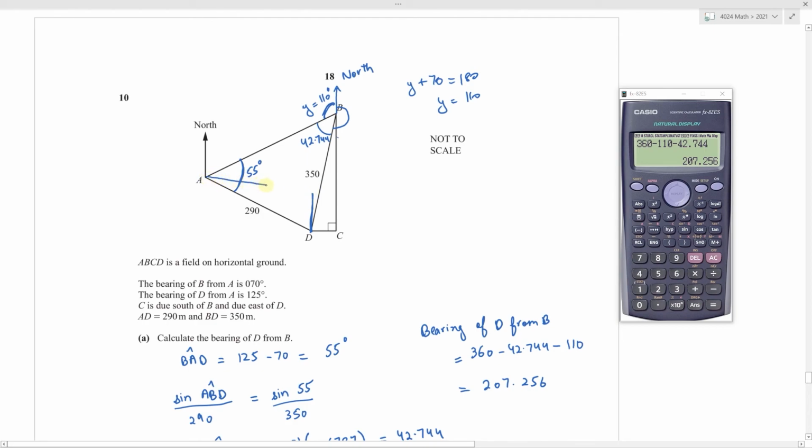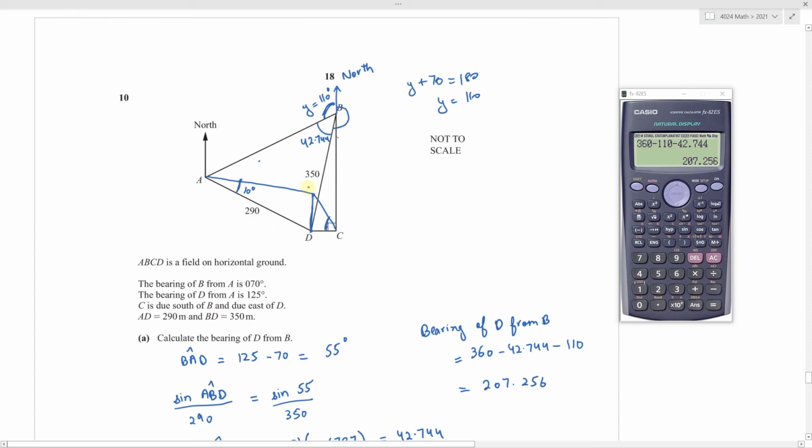So angle of elevation, this angle is 10 degrees, and you have to calculate the angle of elevation of this top of the mast from point C. So this is the angle that you are interested in.